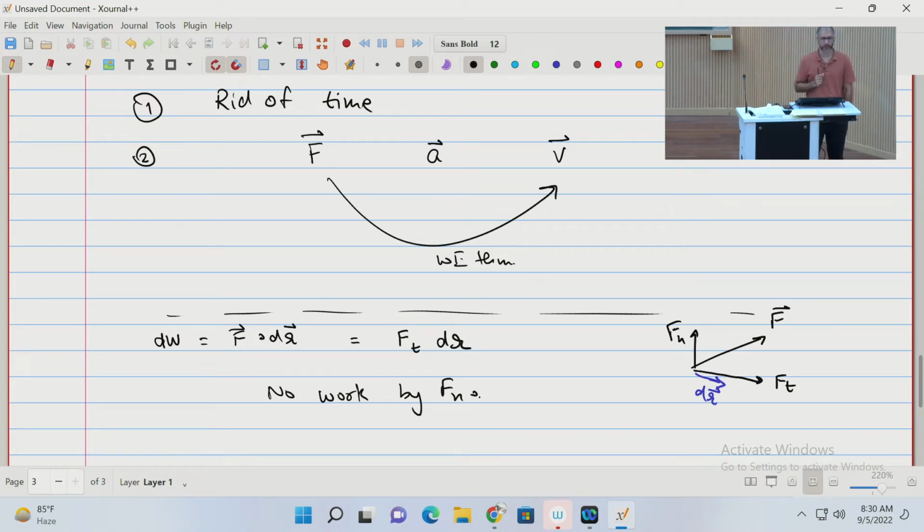There are forces that simply rotate the velocity vector, and these forces have no contribution towards increasing the velocity. If you have any component of a force or acceleration in a direction which has any component along the tangent, in that case you will have work done. So that is another way to think.